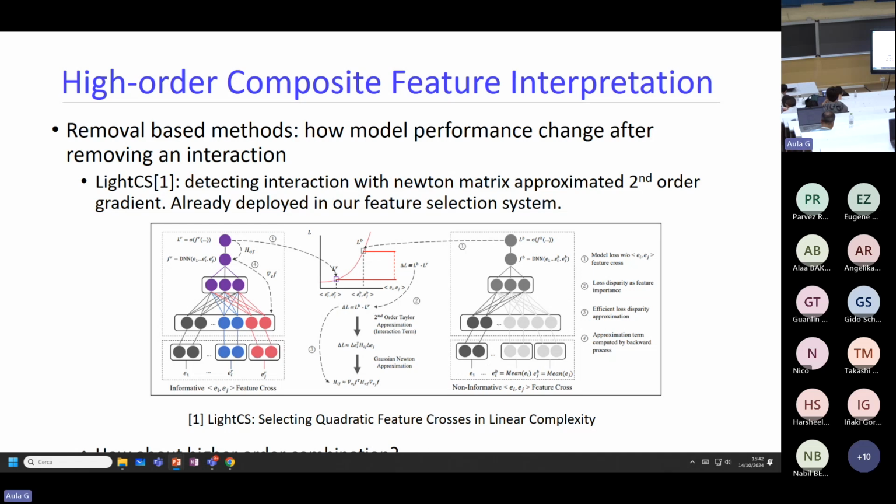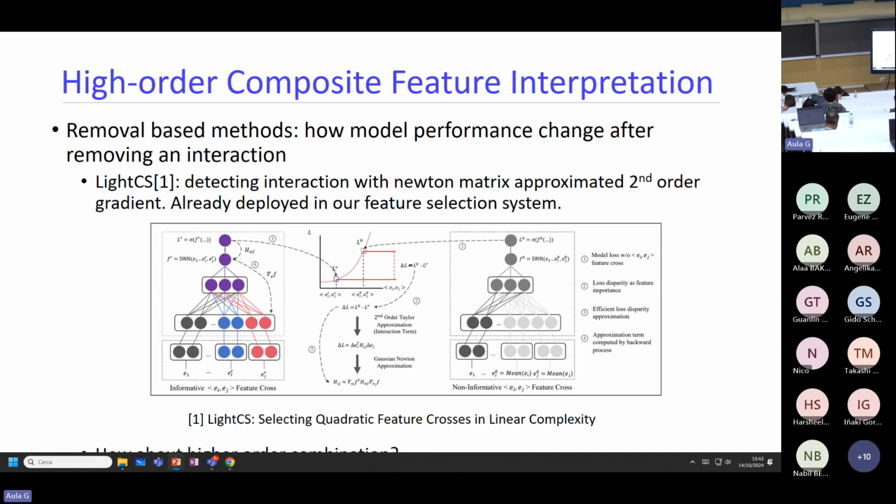But because the second-order gradient is very complex, containing n square storage and training time, they use the Newton matrix to shrink it to linear complexity, which is very fast.